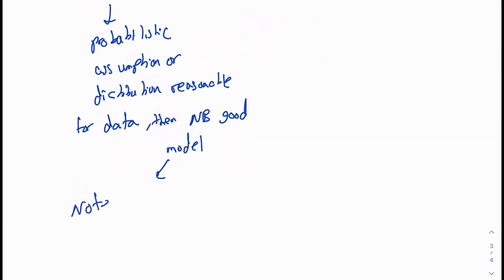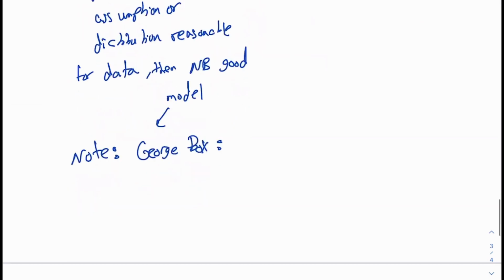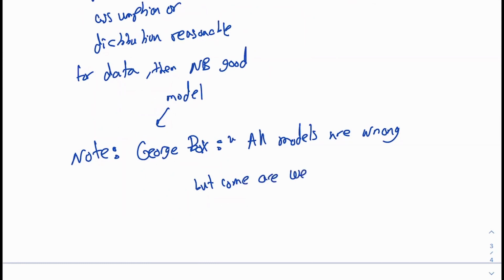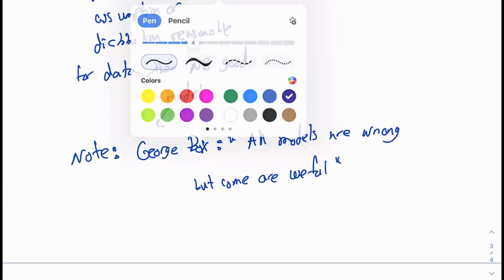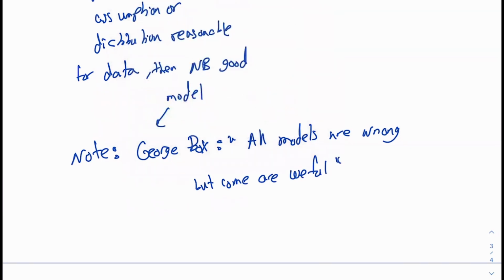But I will write what I said here. Note, this is by George Box, a famous statistician: all models are wrong, but some are useful. It's very, very important. So in a sense, the generative models give you more information, as I said.